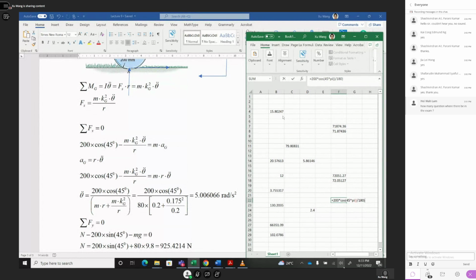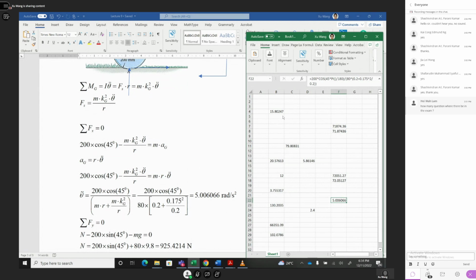This is numeric, and divided by brackets 80 multiplied by brackets 0.2 plus 0.75 squared, and divided by 0.2. How much do you get? They have a little bracket missing, but they automatically check for you. Don't worry, you get exactly the same, 5.00 radians per second squared.